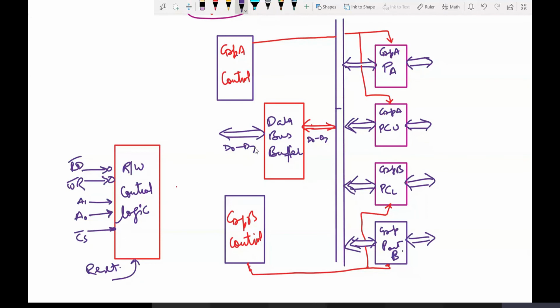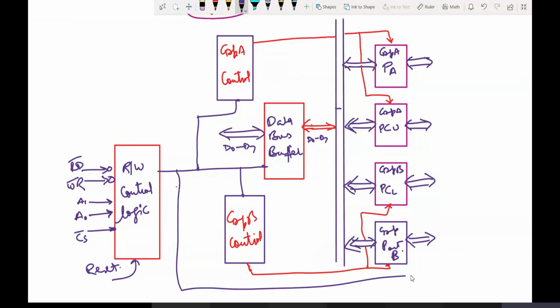Fine. Now see what's going to happen next. The control unit will be connected to every block: data bus buffer, group A control, group B control, and then to all the ports.